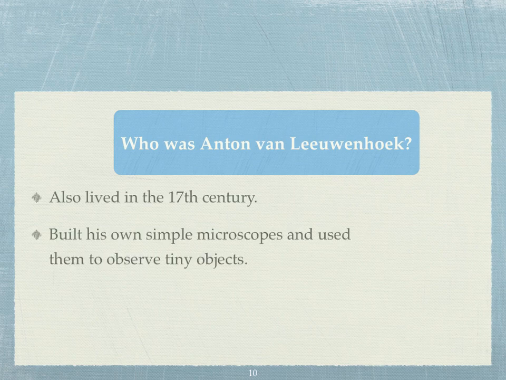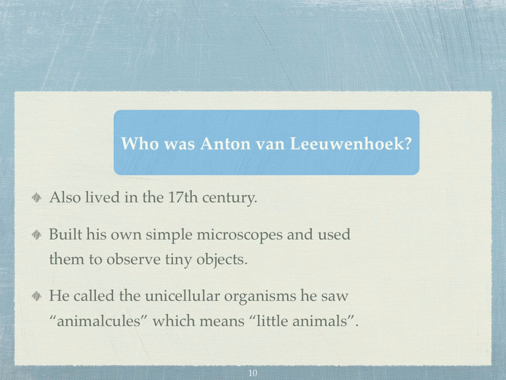He used a small, simple microscope to look at pond water, saliva, and many other things. Some of what he saw were unicellular protists. He called these organisms that moved and resembled small animals animalcules.